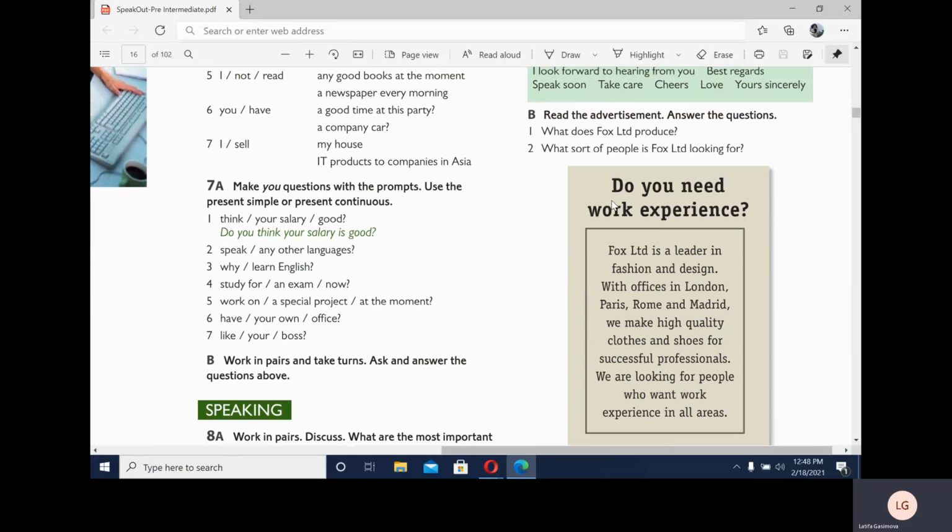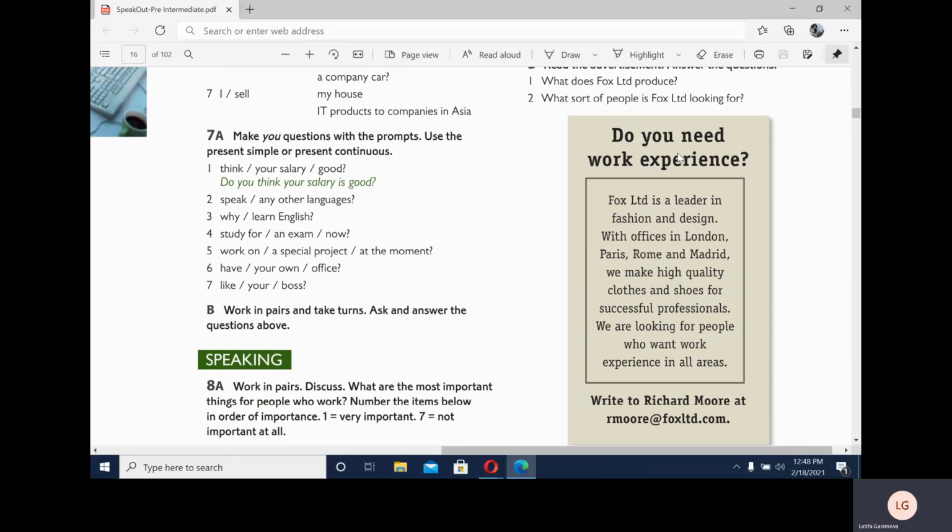What you're going to do, you have to read the advertisement and then answer the questions like, what does Fox Ltd produce and what sort of people is Fox Ltd looking for? So let's read it. Do you need work experience? Fox Ltd is a leader in fashion and design with offices in London, Paris, Rome, and Madrid.